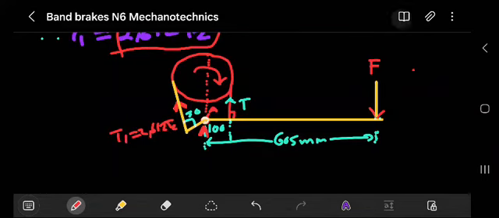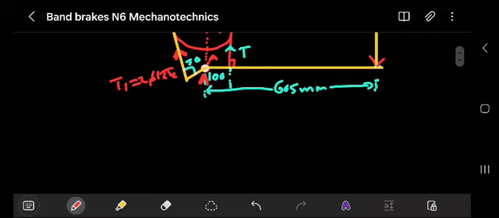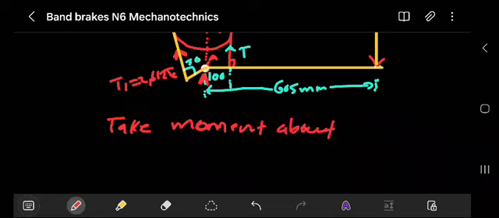All right, this is what we have. So that is our beam. Take a moment about A. So here it's A. I've shown.